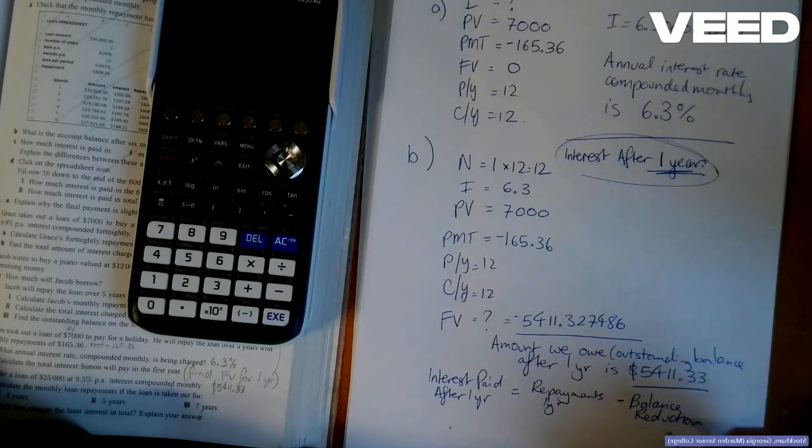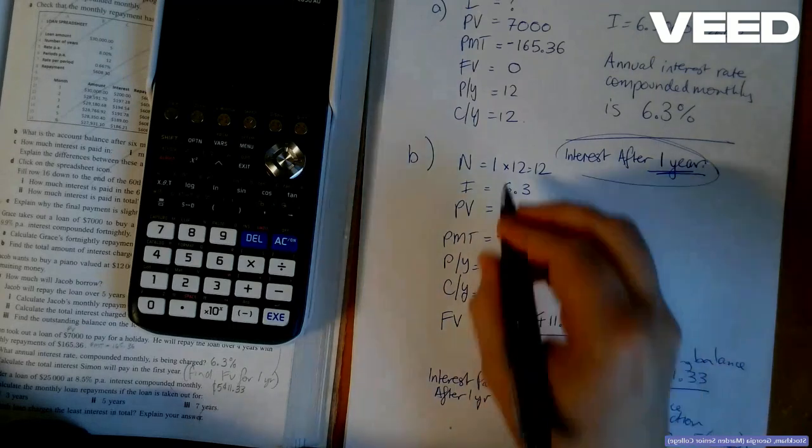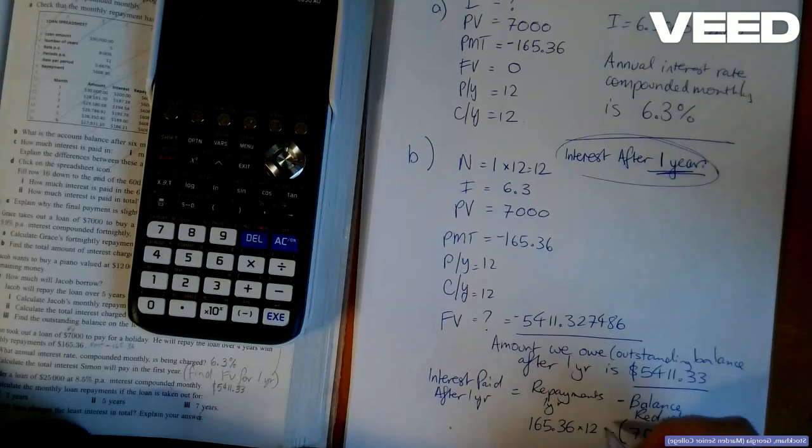So that's basically the principal, the total amount, 7,000, and we're going to take away our outstanding balance, which we've calculated. And our repayments for 1 year is our payment, 165.36, and we're going to times it by 12 because that's how much we'll pay in 1 year.